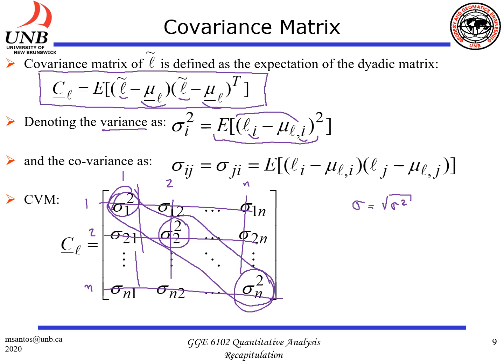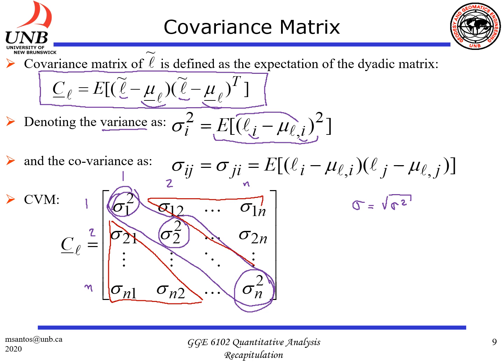Now the rest is basically these. Let me just erase here and get a different color. We have now the off-diagonal elements, and we should realize that these off-diagonal elements are the same.